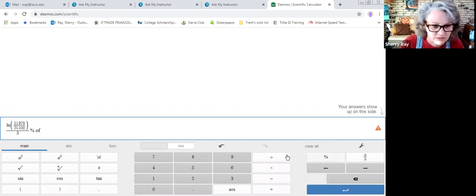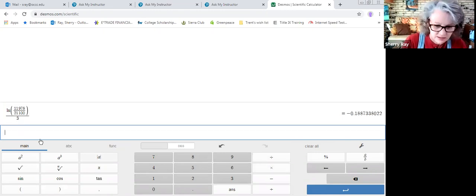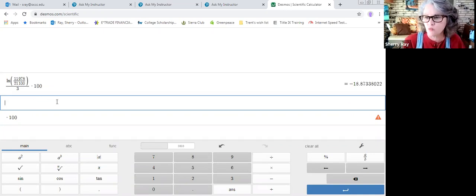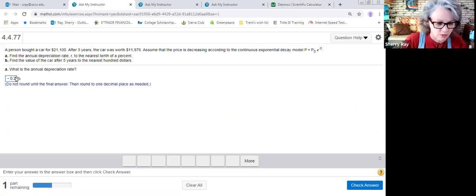Okay, so I'm going to multiply this by 100. By multiplying your answer by 100, you're just moving the decimal point over 2 places to the right. So that's negative 18.9%, and that's a percentage.